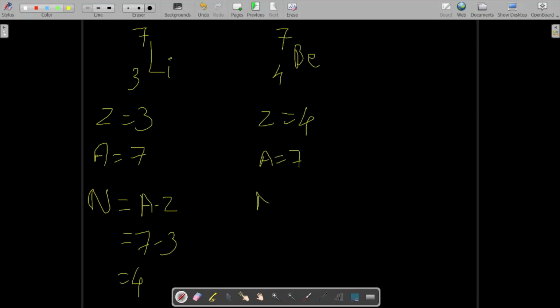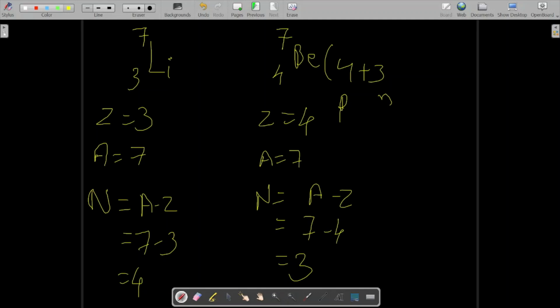And over here N is A minus Z, which is 7 minus 4, equal to 3. So 4 plus 3 is 7, and 3 plus 4 is also 7. This is your 3 protons, 4 neutrons combination, and this is your 4 protons, 3 neutrons combination. Got it?